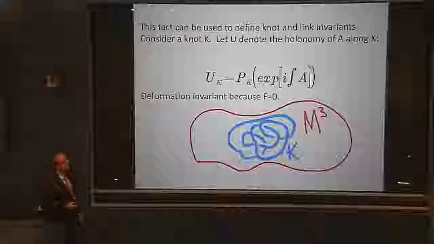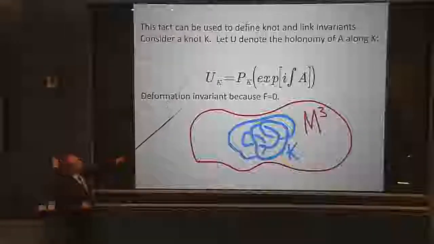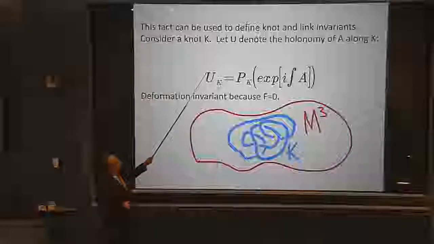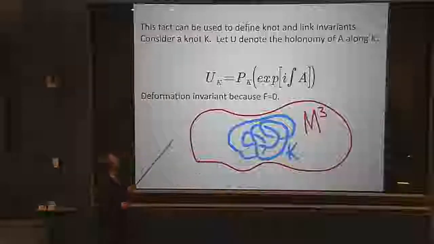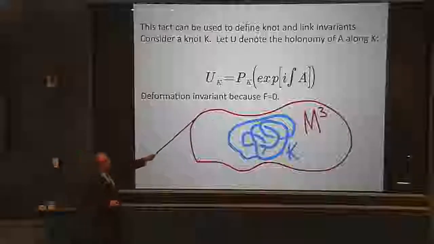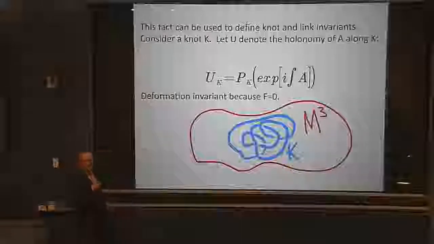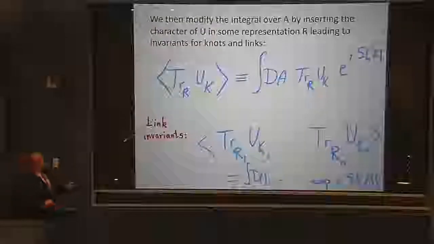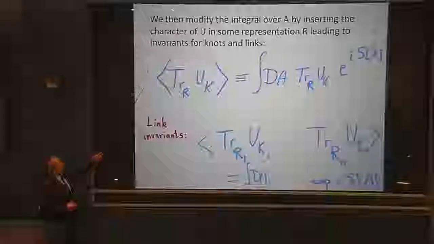That's the basic input. So if you define the holonomy around some loop given by a connection, if you move the knot around, since it's flat, this object can only change in its own class. The character of it doesn't change. And so therefore, you can define some averaging.